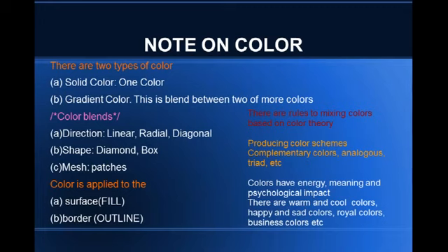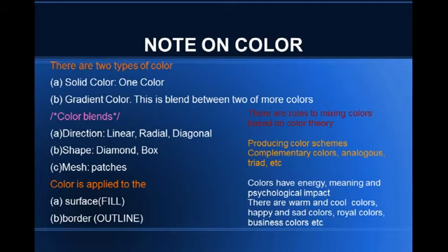Now, color is applied to different parts of an object. It can be applied to the surface, which is the feel, or to the border, which is the outline, or both. There are rules to mixing colors based on color theory.